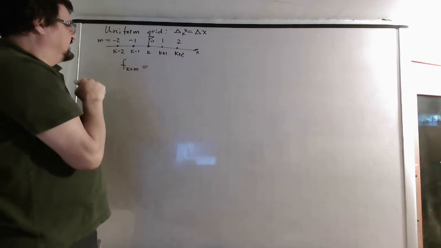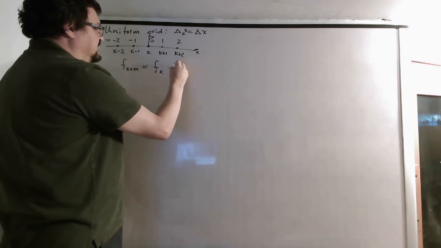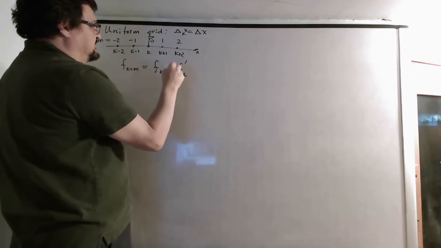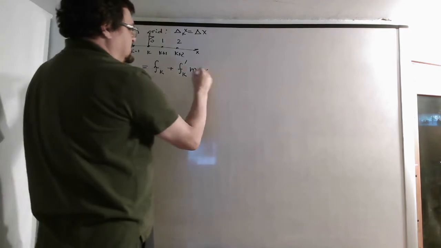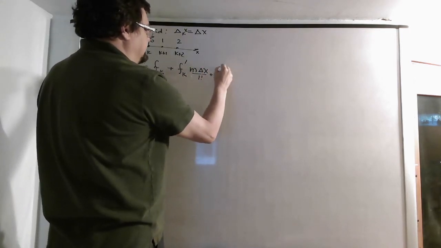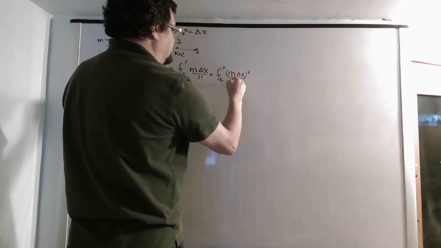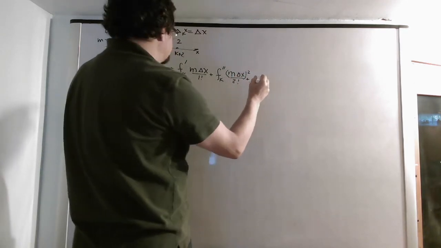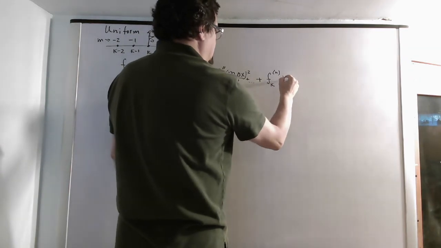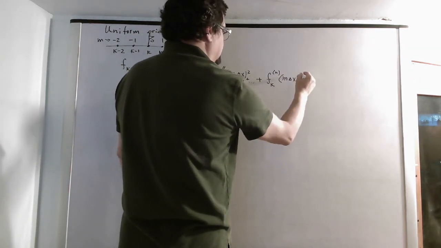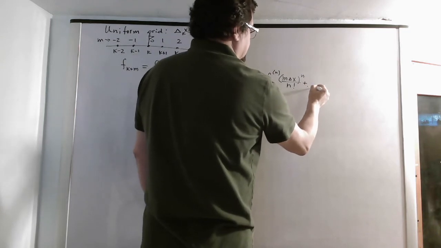So the value at that point equals the value at point k plus the derivative at k times m delta x divided by 1 factorial, plus the second derivative at k times m delta x squared divided by 2 factorial, plus so on, plus the nth derivative at k times m delta x to the power of n over n factorial, plus so on.